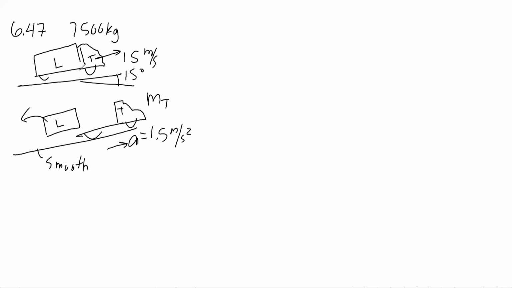When you're going up or down inclines, it's very helpful to use a tilted coordinate system where one of the axes is lateral to the incline and the other is perpendicular to the incline. So this is situation 1, and then I'll have a diagram for situation 2.